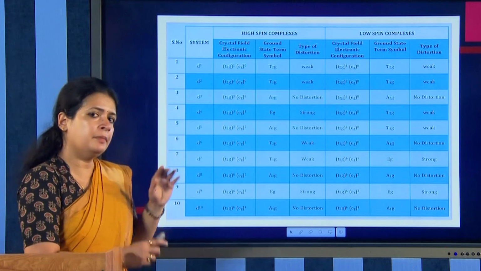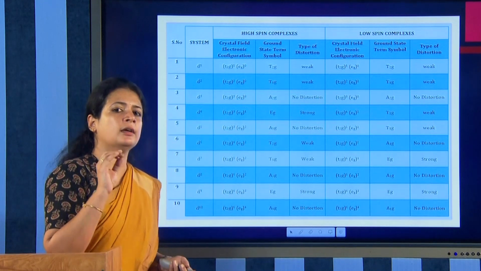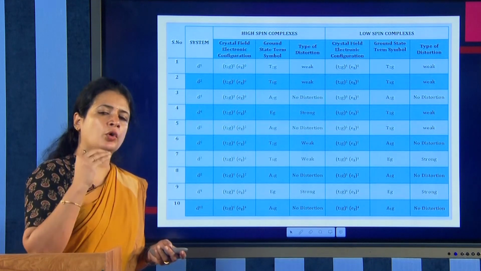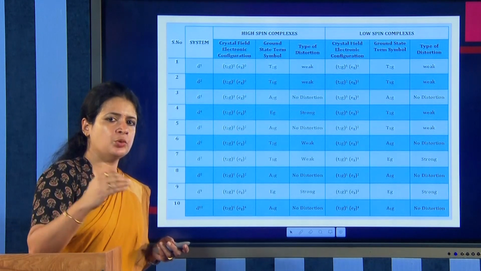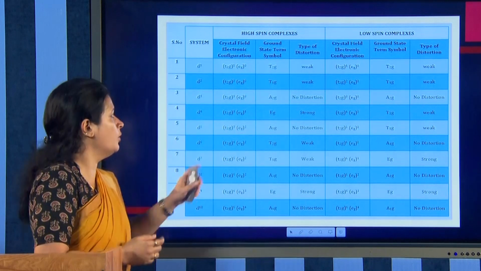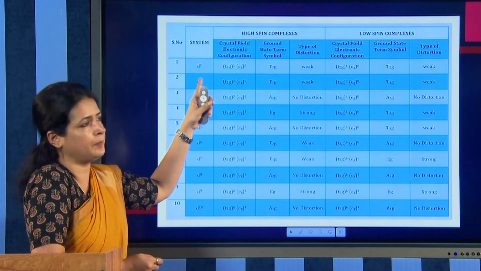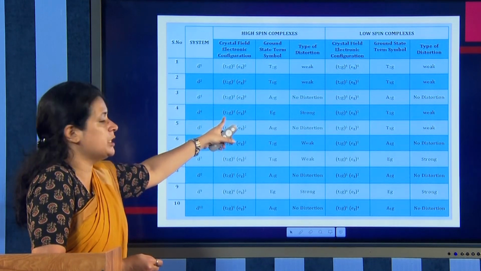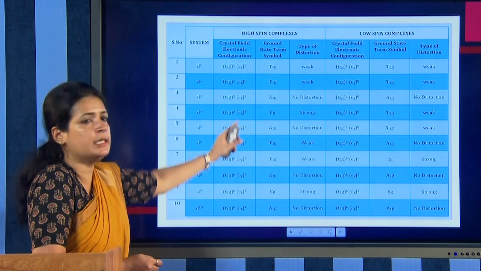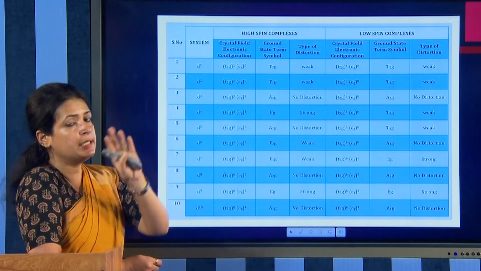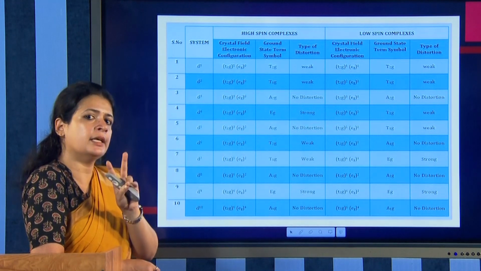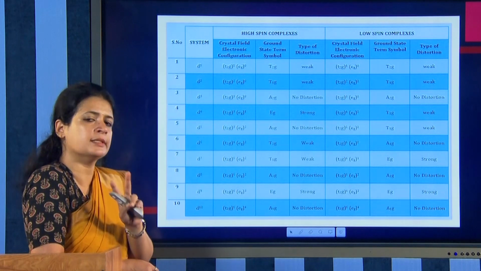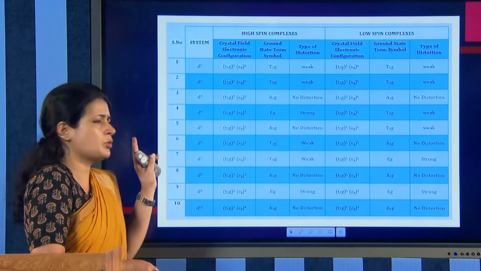See, high spin means after the occupancy of the 3 electrons in the 3 t2g orbitals, the 4th electron will move to the eg orbital. So, this is the situation t2g3 eg1. How many orbitals are there in the eg? We have 2 orbitals, that is dz square and dx square minus y square.